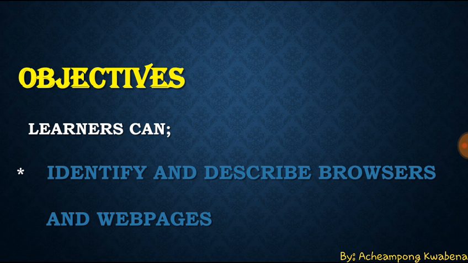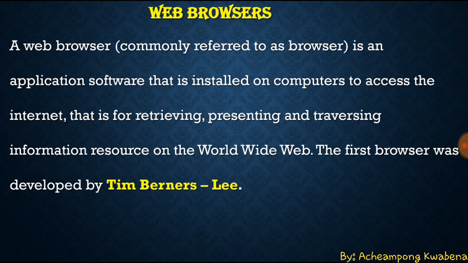Now let's start. We'll start with what a browser is, or the meaning of a browser. When you talk of a web browser, we are referring to an application software that is installed on computers to have access to the internet.